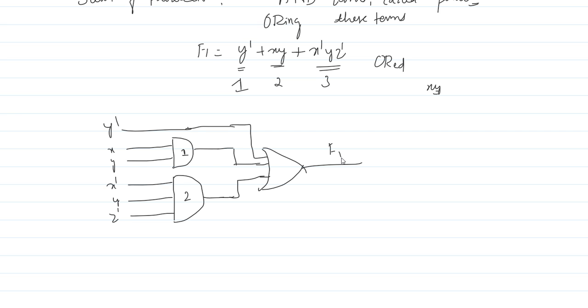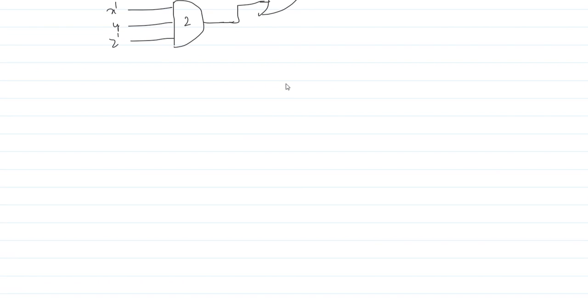Okay, fine. Now one more standard form we have to discuss, that is product of sums. Okay, what is that? Product of sums. Fine. A product of sums is a Boolean expression containing OR terms. While I am telling, you have to write the definition of this.